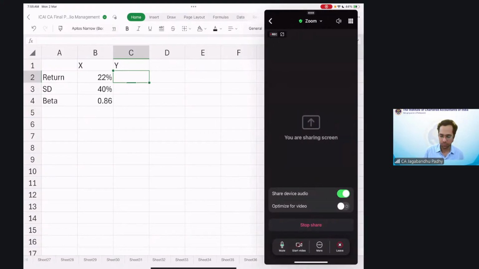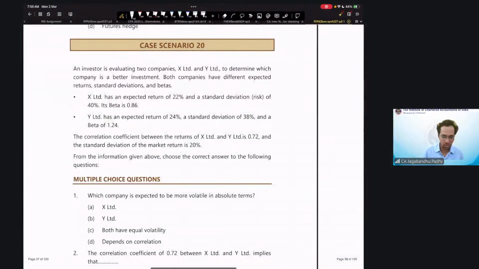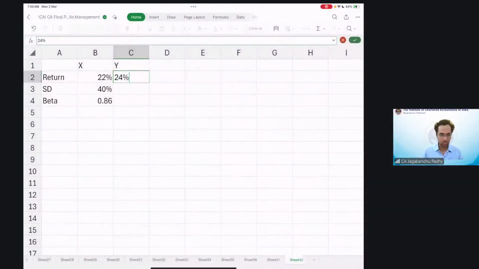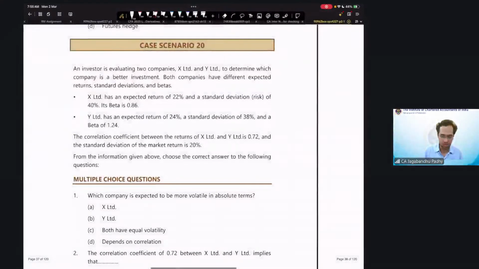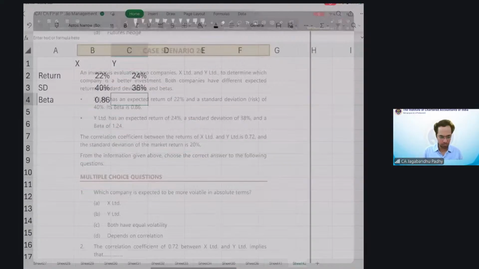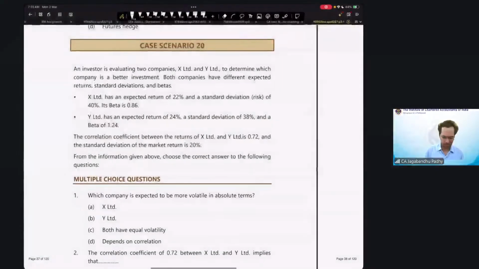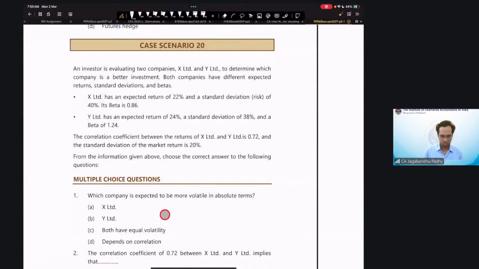Okay, so Y is 24%, standard deviation is, beta is 1.24.